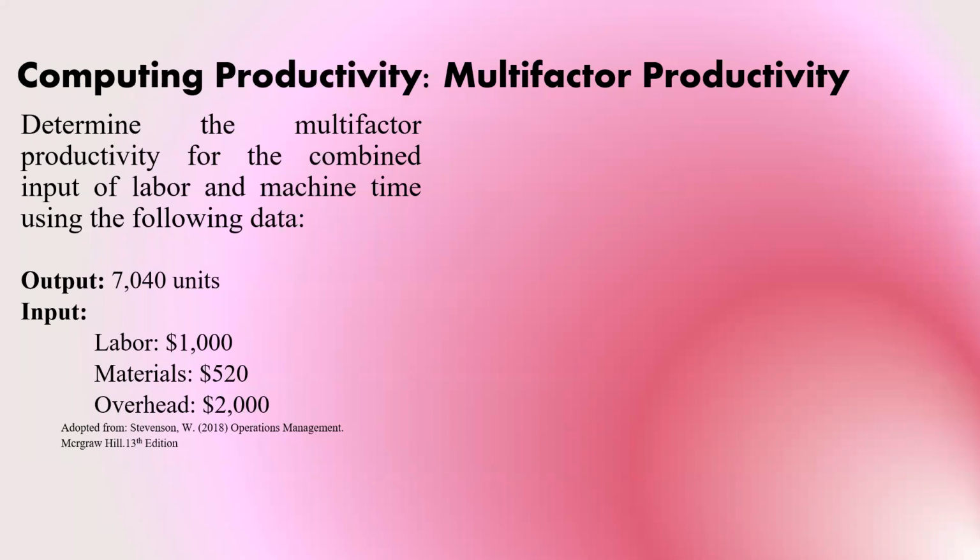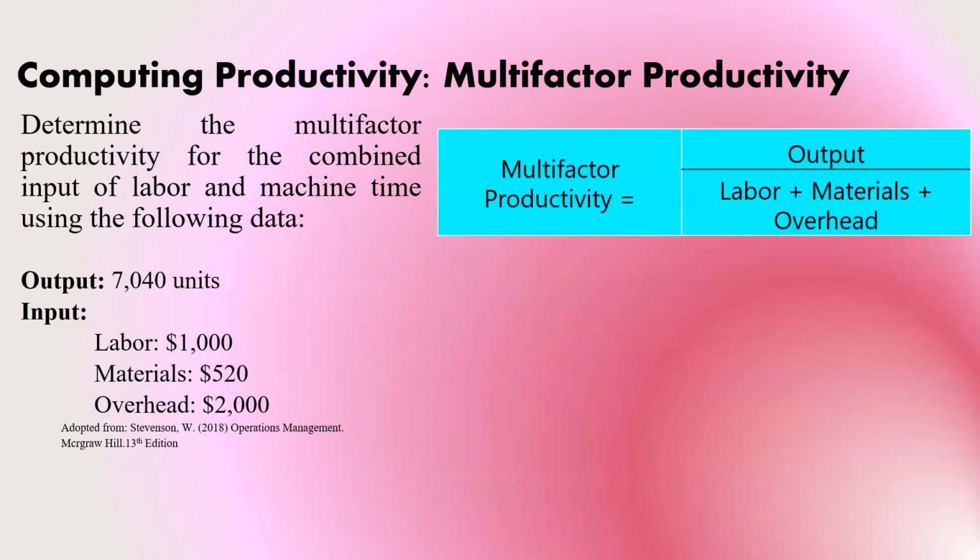Now we go to the multi-factor productivity. Determine the multi-factor productivity for the combined input of labor and machine time using the following data. The output is 7,040 units, and the inputs are the labor, the materials, and the overhead. How are you going to do that? First, you identify the output, and then divide it by the labor, the materials, and the overhead as our inputs.